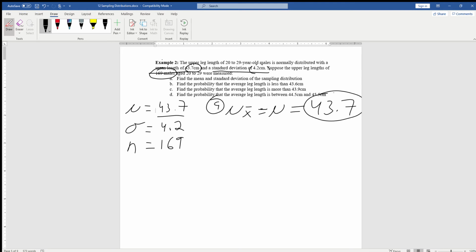Now sigma sub x bar has a slightly more complex formula, but not too bad: sigma over square root of n. Sigma in this case is 4.2 and n is 169, so I have 4.2 over the square root of 169, and I get 0.3231.